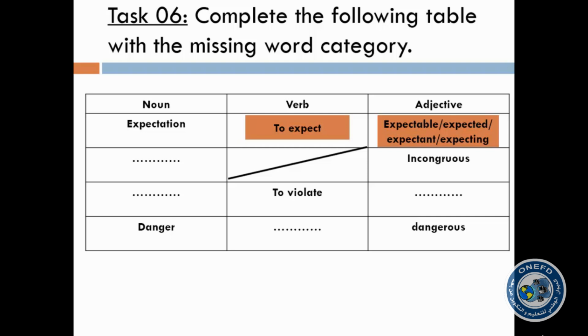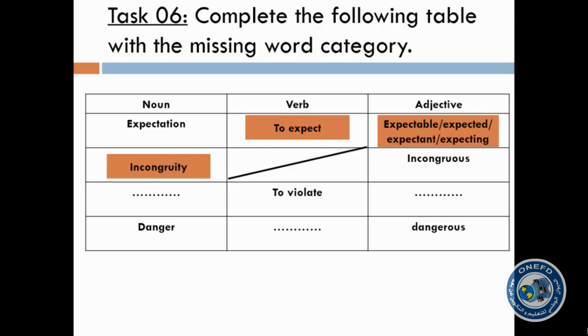As you can see, between the verb to expect and the adjectives, there is something common, which is the root expect, and we added suffixes in order to make adjectives. We had many possibilities, for example, expectable and expected, expectant and expecting.